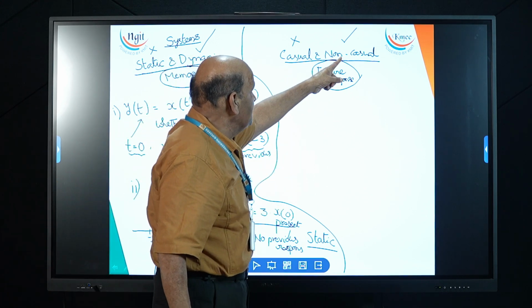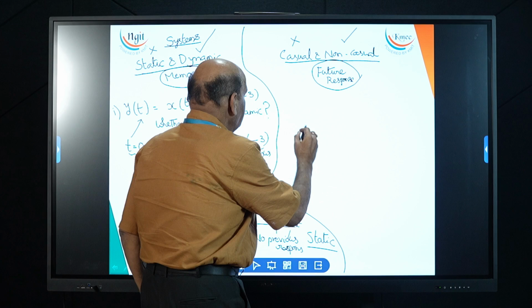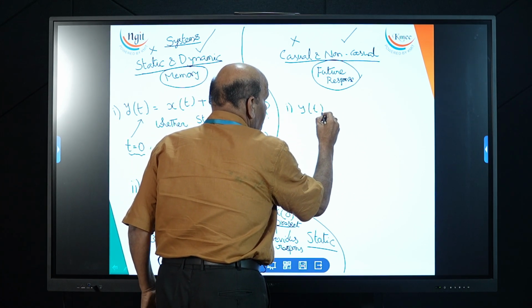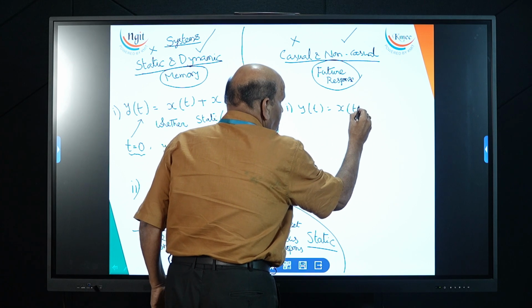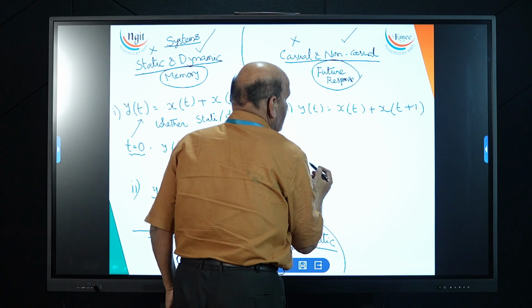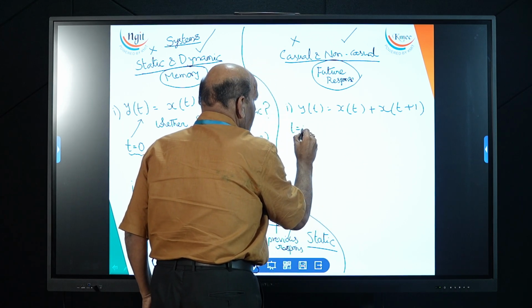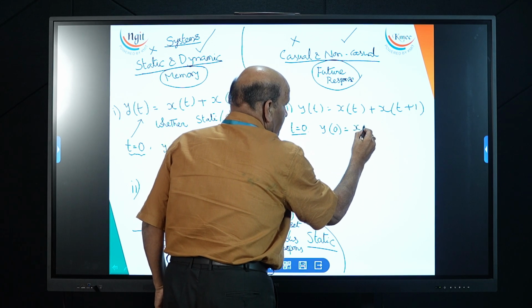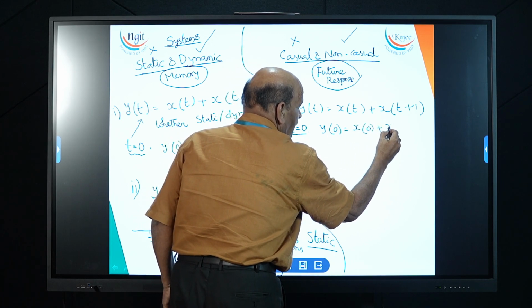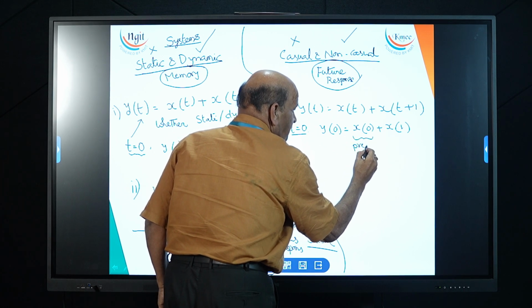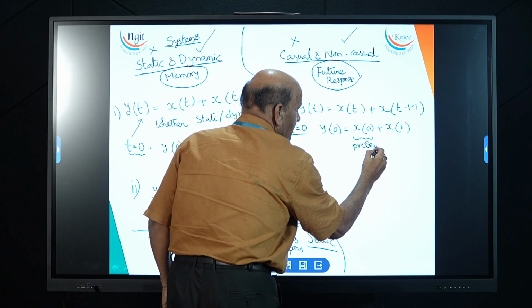How to remember causal or non-causal? Now just look at, you can take y of t is equal to x of t plus x of t plus 1. Put t equal to 0. Now this becomes y of 0 equal to x of 0 plus x of 1. This x of 0 gives the present response.